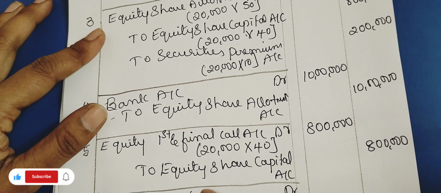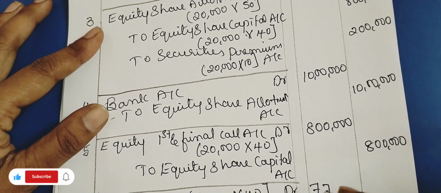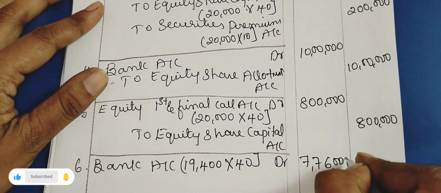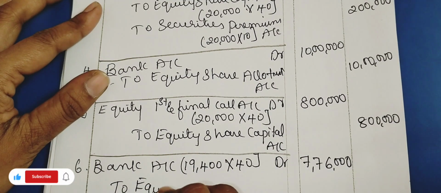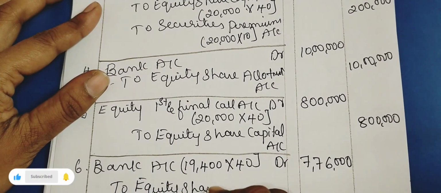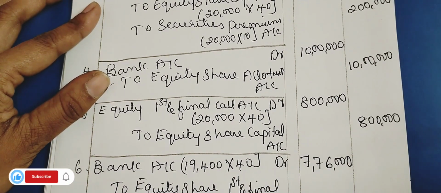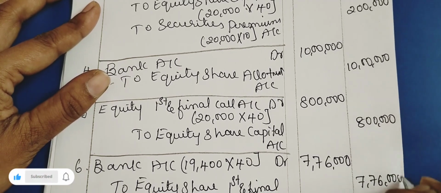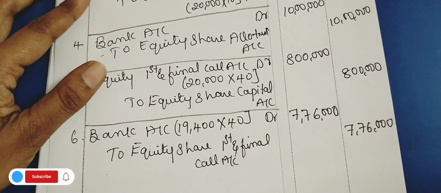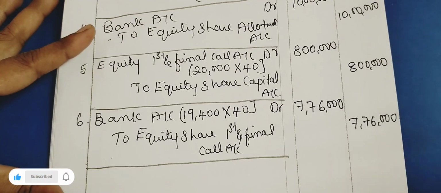So 19,400 shares into 40 rupees, that will be 7,76,000. 7,76,000 to equity share first and final call account, 7,76,000. Right. Being first and final call money received.